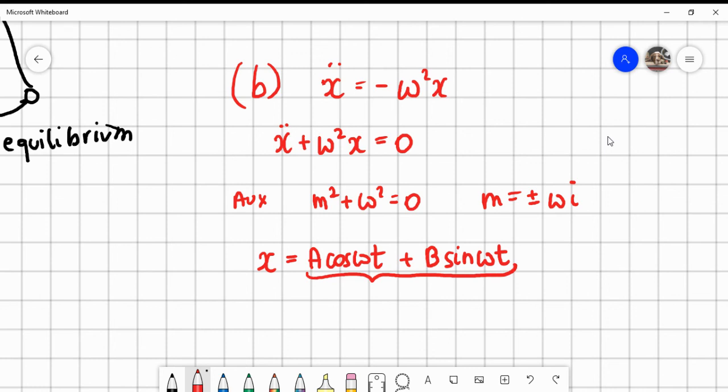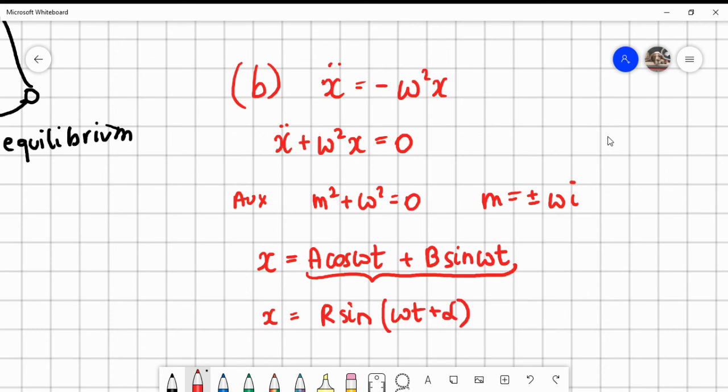But we do know that whenever we have a combination of sine and cos, it can be written in the form required. So it can be converted into R sin. We can actually state what R is, and then over here we are going to have omega t plus alpha.